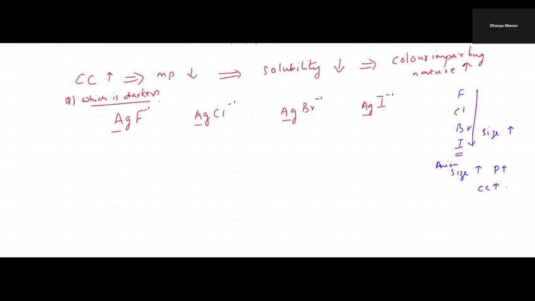If it is more covalent, it will be darker. This compound is the darkest because the covalent character is more, because of the large size of iodine.